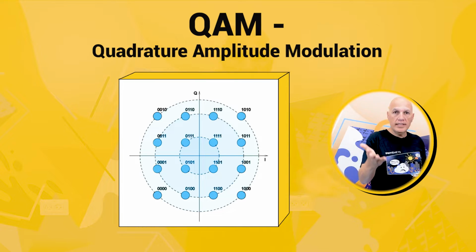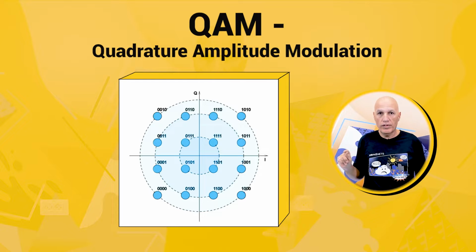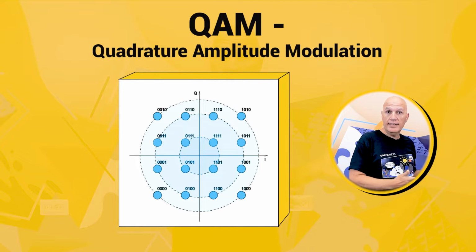And in QAM 16, for instance, we put 16 dots or 16 symbols over there, and those 16 symbols represent 4 bits. So each symbol, each period of time in which we transfer a given information package transfers 4 bits, not 2 bits like in PAM4 and not a single bit like in NRZ.